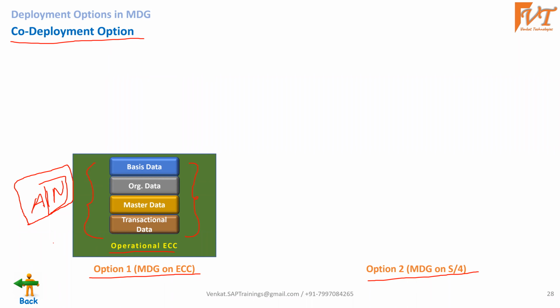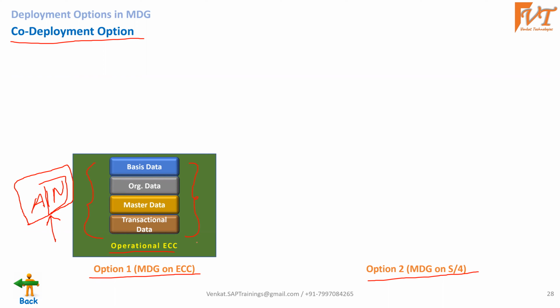They have to go with co-deployment or hub. If there are multiple systems, we go for the hub option. If we have only one system where we need to implement MDG, we will go with the co-deployment option. Simple.